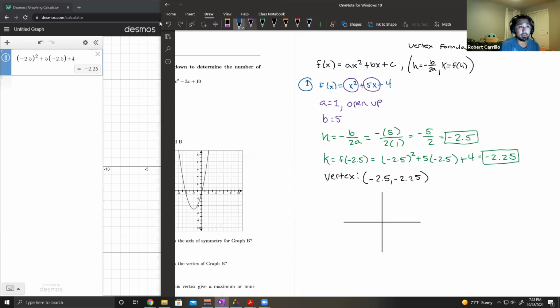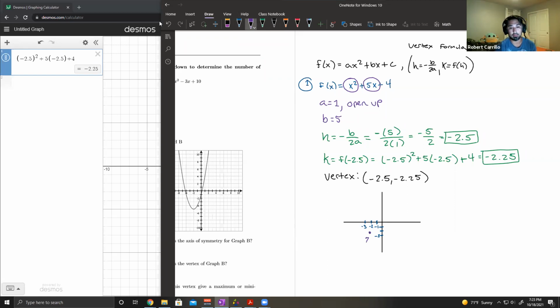Okay, so for my labeling, I'm at negative 2.5 for my x values. So there's negative 1, negative 2, negative 3. And then we go down to negative 2.25. So negative 1, negative 2, negative 3. Okay, so my vertex is at negative 2.5 and negative 2.25. So I'm just gonna put it right there.